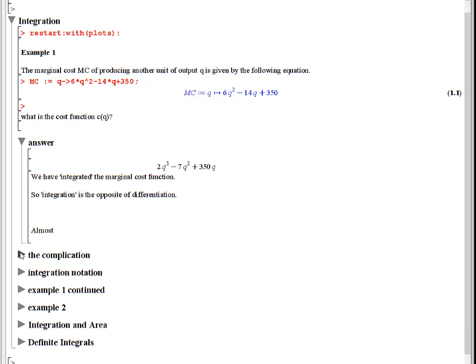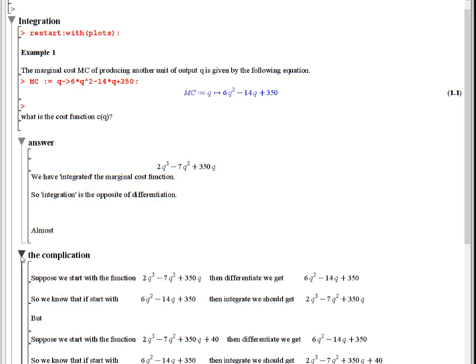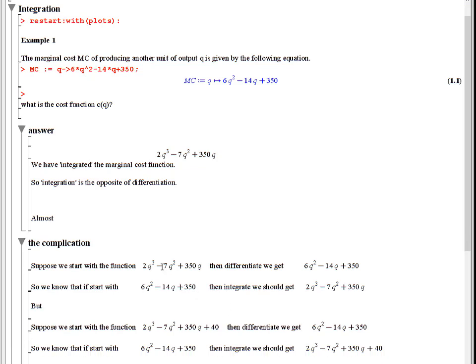Because there is a complication, which maybe you already know about, but I have to make sure that you recognize this. Suppose that we start with this function that I put here. If we differentiate this, then we get the thing which we want. Therefore, if I start with this one here and integrate it, I should get back to this one, because it's the opposite.